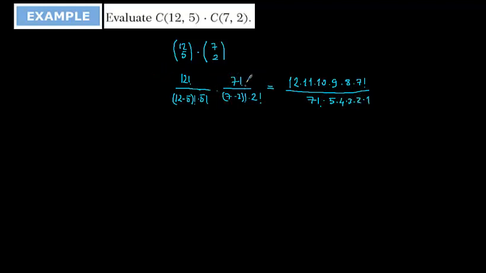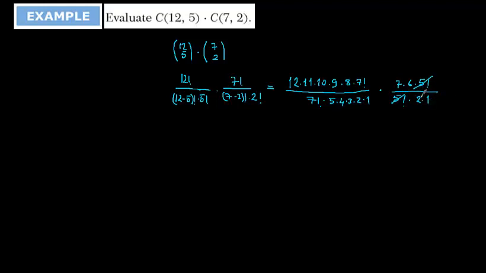Now we are going to solve the second one. 7 factorial can be written as 7 times 6 times 5 factorial, because the bottom is 5 factorial. So 7 times 6 times 5 factorial over 5 factorial times 2 times 1.